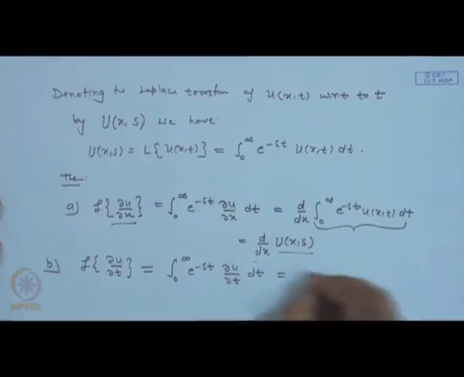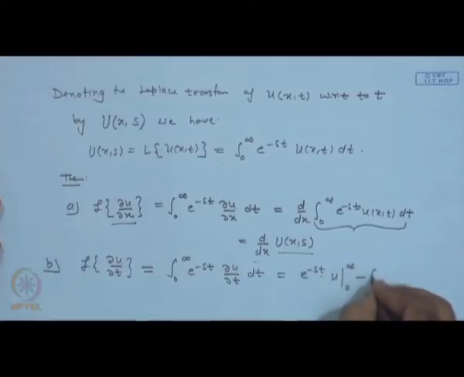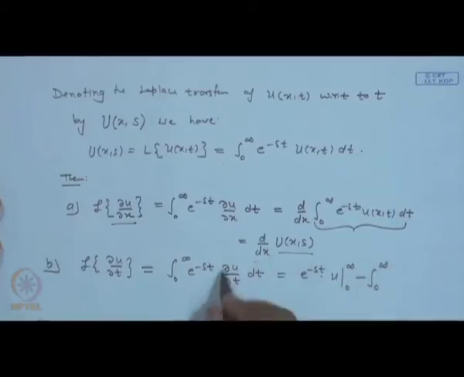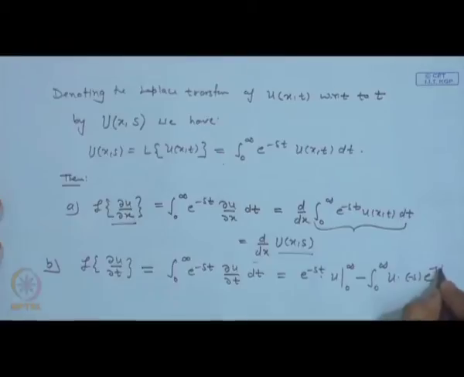Thus, by parts we can integrate: e^(-st) u between the limits, minus the integral from 0 to infinity of u times (-s) e^(-st) dt.